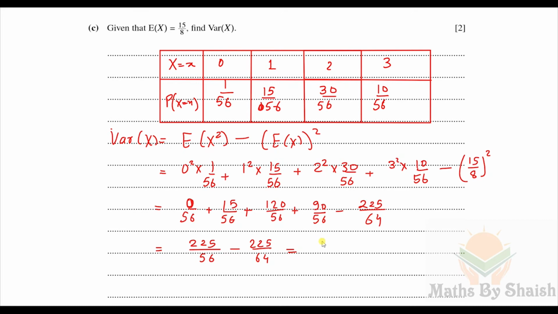So numerator is the same, 225, and denominator, 56 minus 64, and we calculate 1 over 56 minus 1 over 64, it is 1 over 448. So 225 into this is going to be 225 over this, and which is, it is 445, not this.